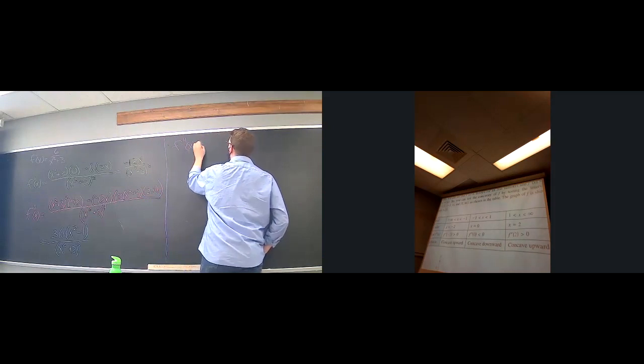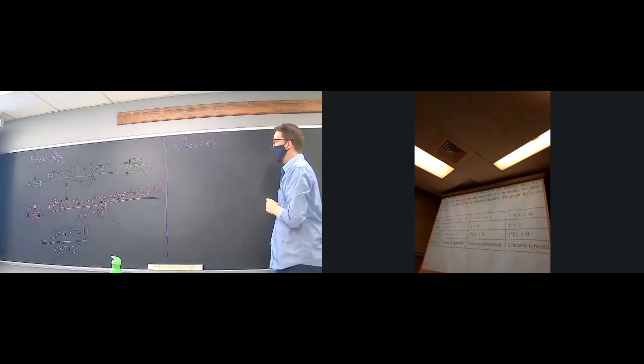A few things are going to happen here. The first thing we want to do is set f double prime of x equal to 0, right? When is this going to happen?